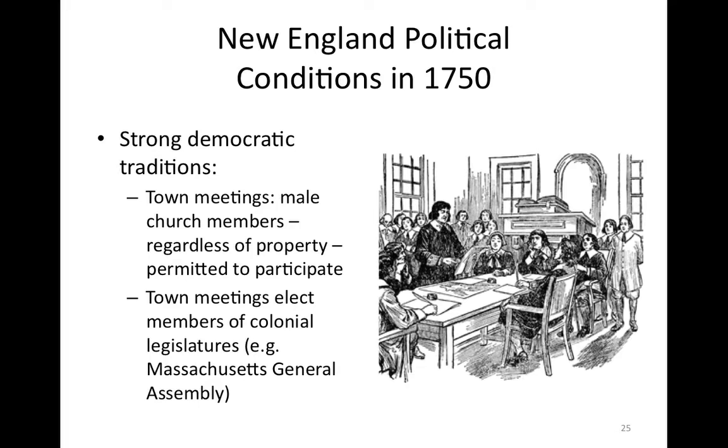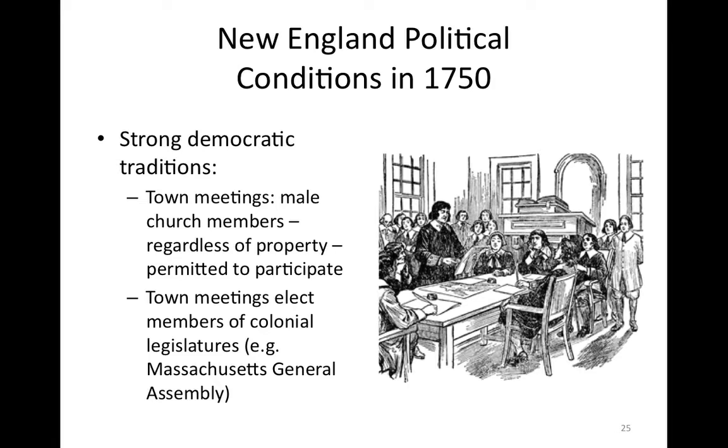As far as the political conditions in New England, the strong democratic traditions continue into the 1700s. Just like in the early years, the local town meetings, the meetings of the male church members, whether or not they had property, who would make decisions that affected all the people in the town, those continued.